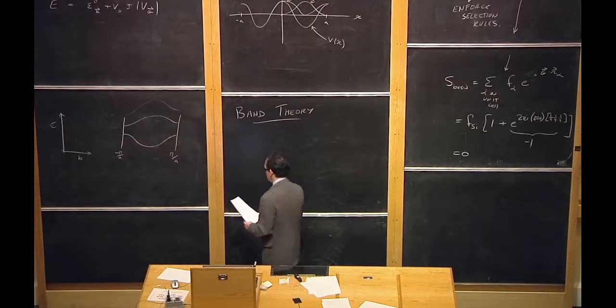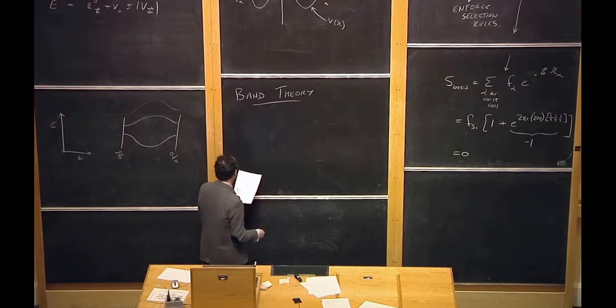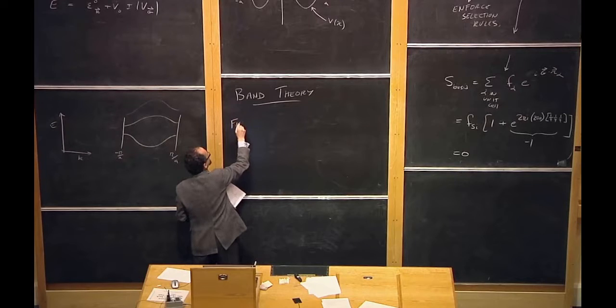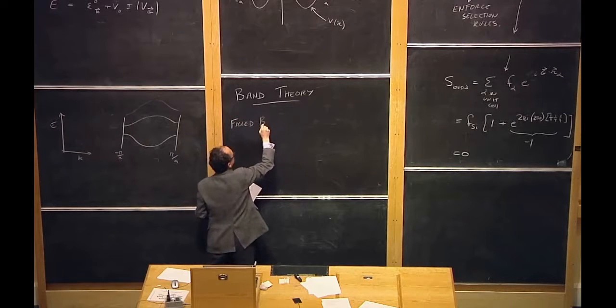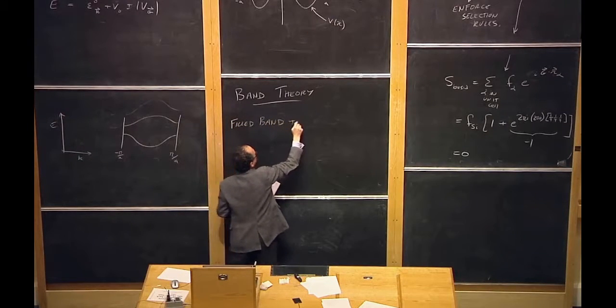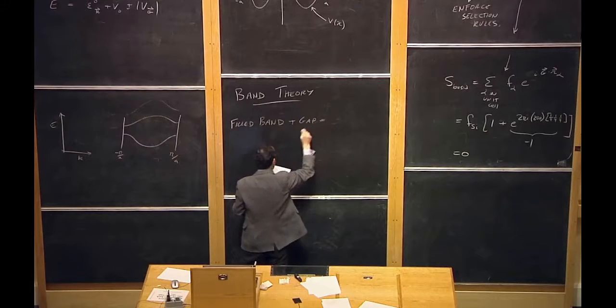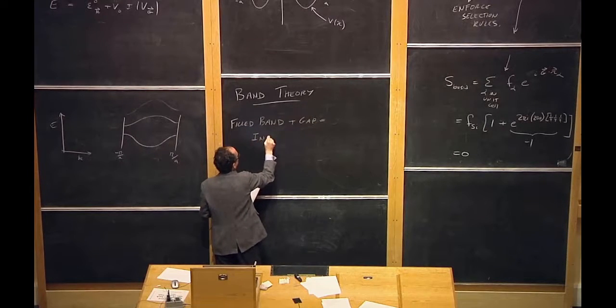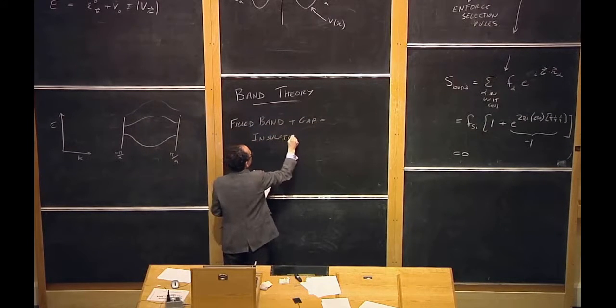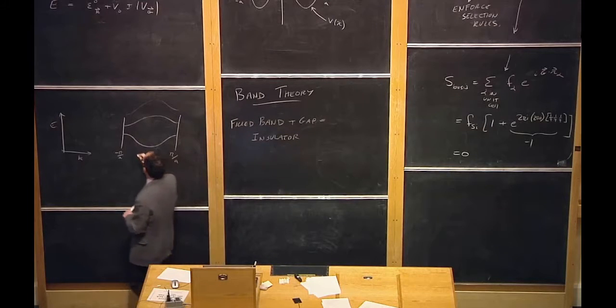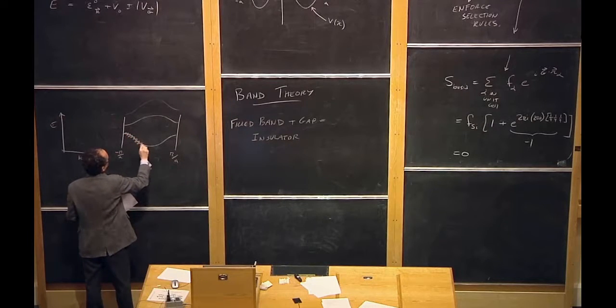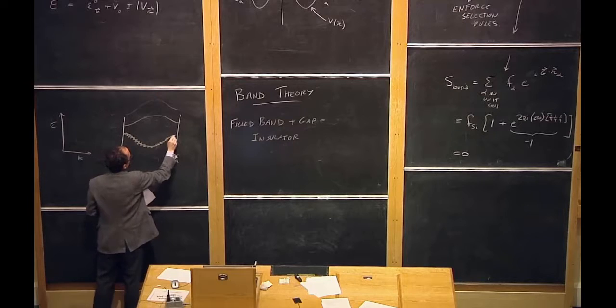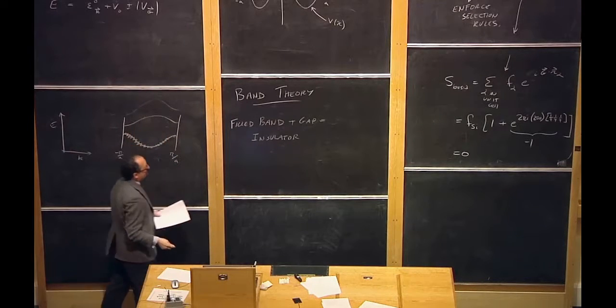Now, something we mentioned when we talked about the tight binding model is that if you have a filled band and a gap, you have an insulator. I'm repeating this because it's fairly important. So if we fill, say, this band, and there's a gap to the next band, we have an insulator.